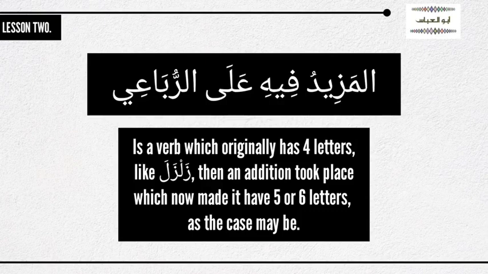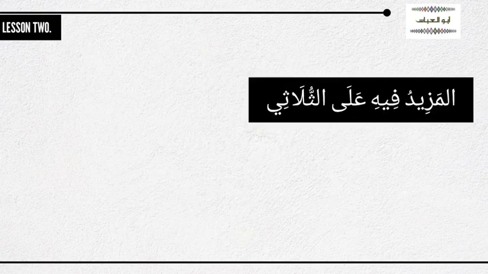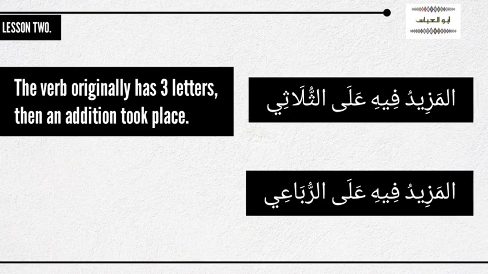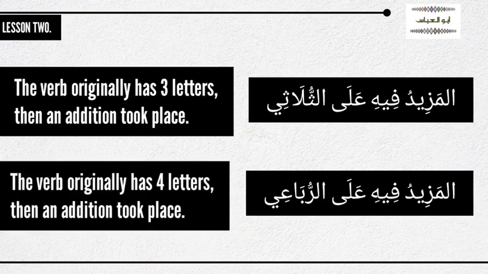That's the meaning. So al-mazidu fihi ala thulathi is the verb whose letters used to be 3 in number, then an addition took place. Al-mazidu fihi ala rubai is the verb that used to be 4 in number, then an addition took place.